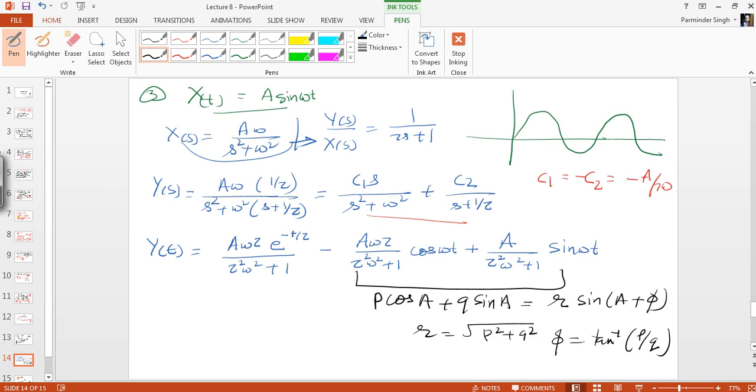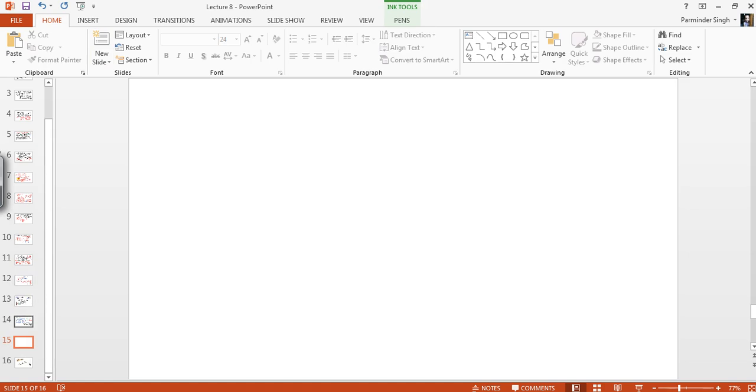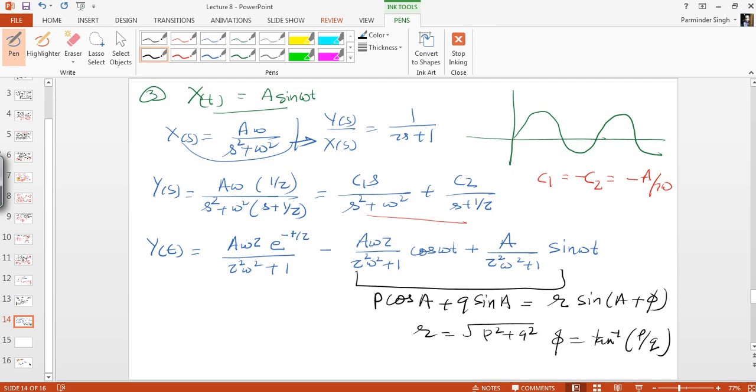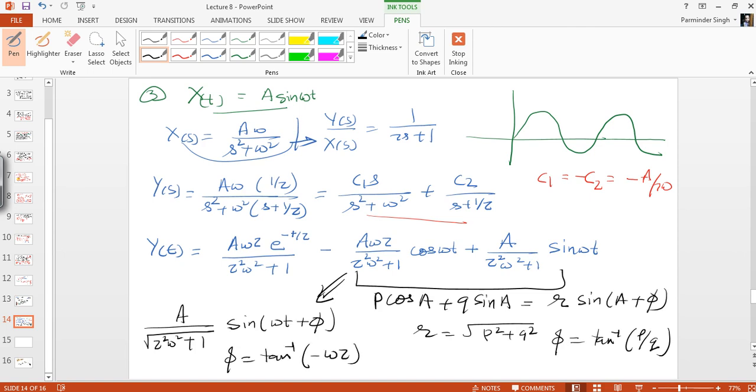So your secondary part can be rearranged and written as a over tau square omega square plus 1 into sine of omega t plus phi, where phi is tan inverse minus omega tau. Clear? Now you know this is p, this is q.